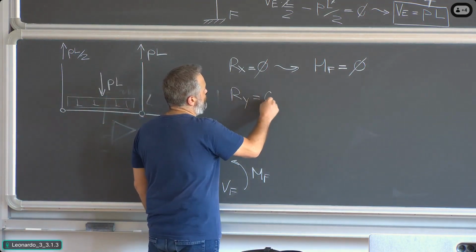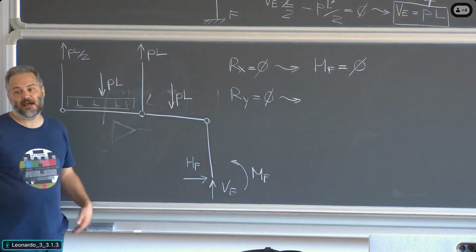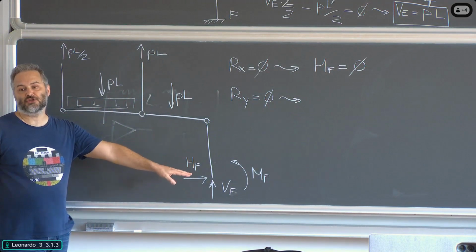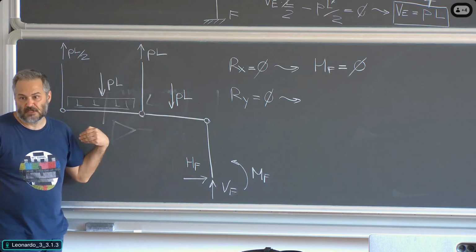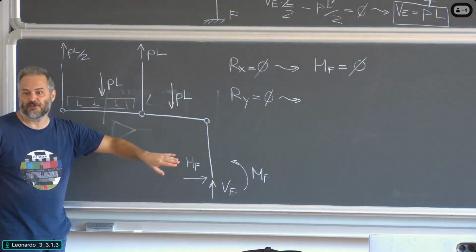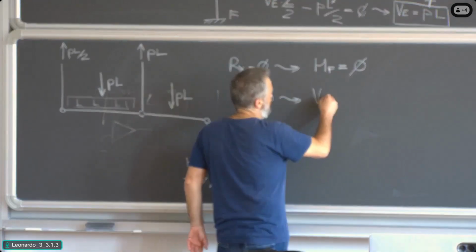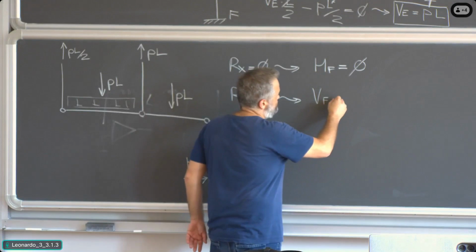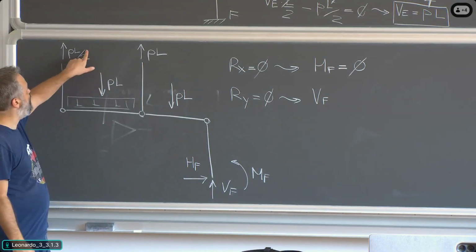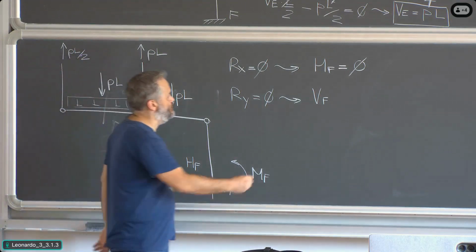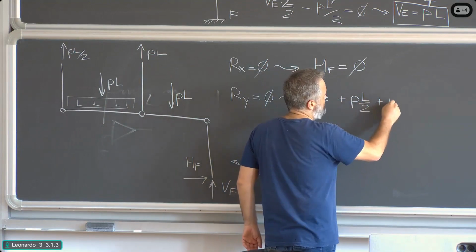Ry equals 0 for the whole structure allows me to determine the only vertical force which is still unknown, which is Vf. If you look at the structure, it's very convenient. Vf is the only vertical force still unknown. So Vf points upwards. Here we have two upward forces, PL divided by 2 and PL, so plus PL divided by 2 plus PL.